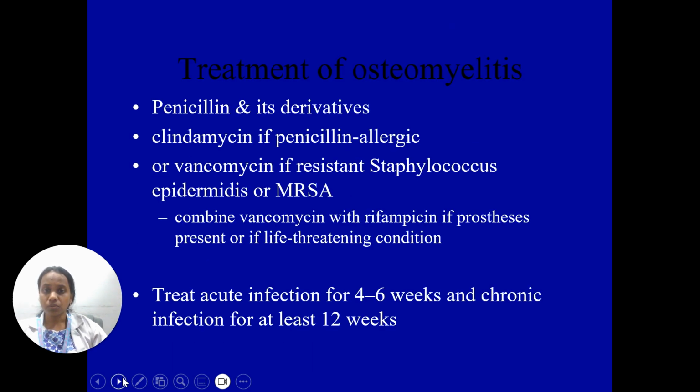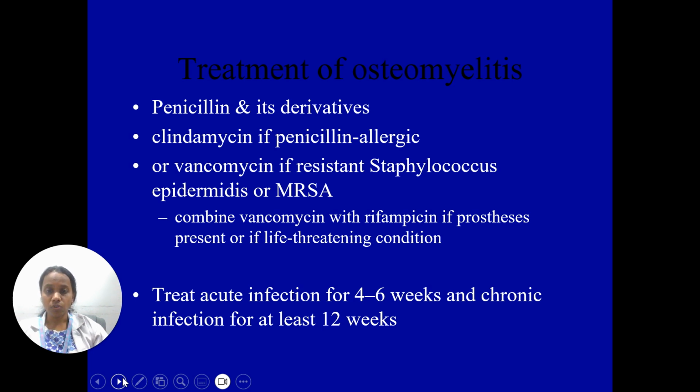Coming to the treatment of osteomyelitis, to start with the empirical line of treatment, that is penicillin and its derivatives are best suited, and clindamycin if they are allergic to penicillin, and vancomycin if there is a resistant Staphylococcus epidermidis or methicillin resistant Staphylococcus aureus present in the site.